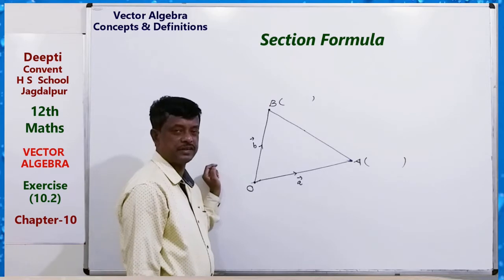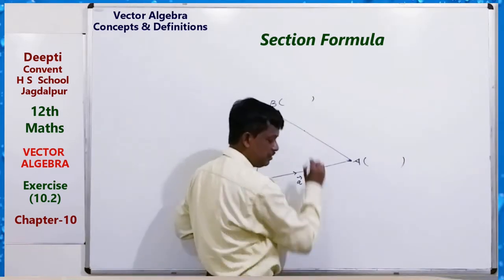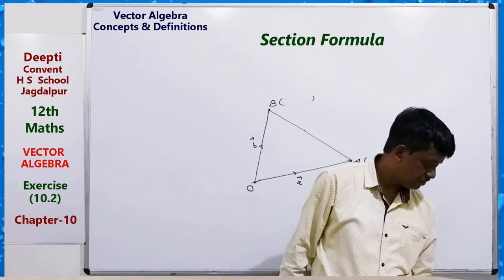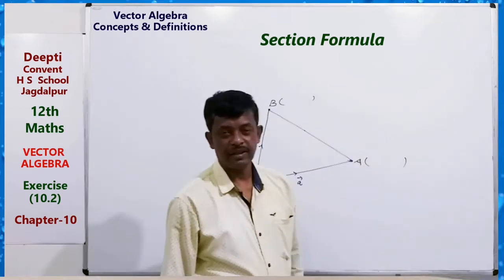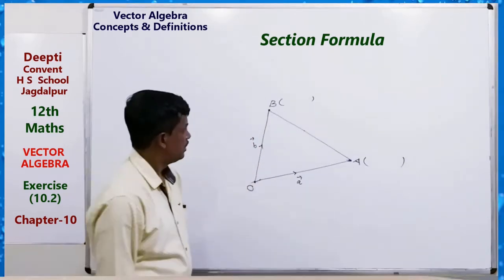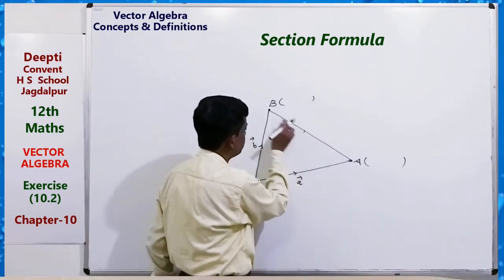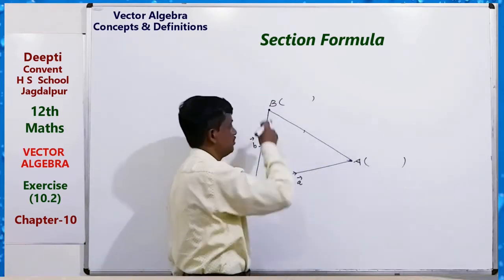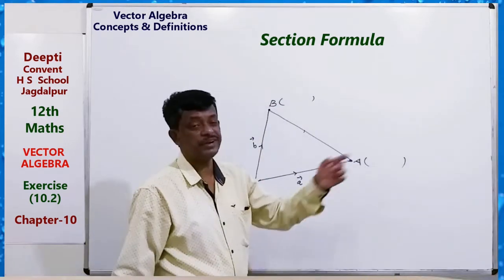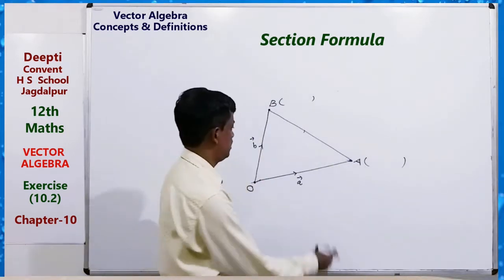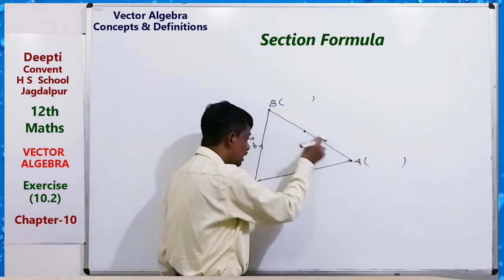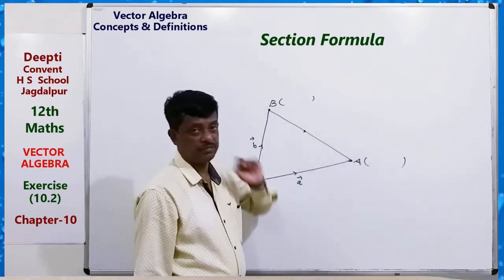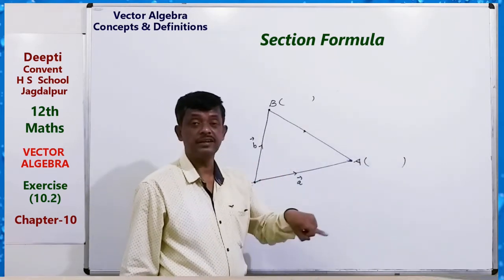These two vectors are represented. Now, there is a point R. If these two points are joined by the line segment AB, and there is a point R which divides this line segment, maybe internally, maybe externally.